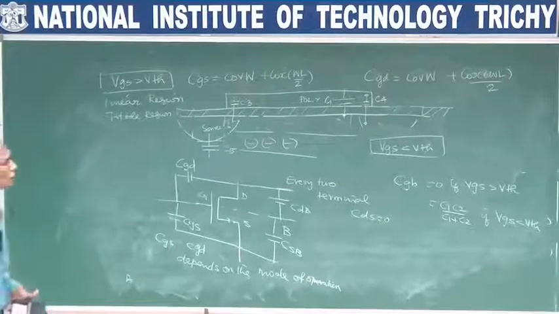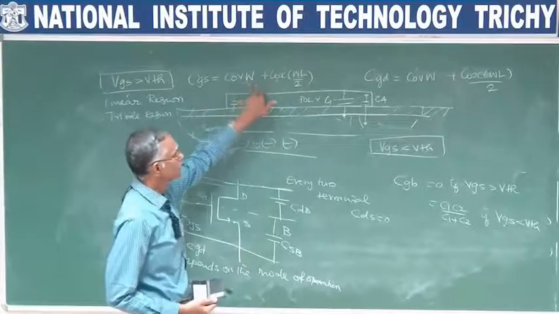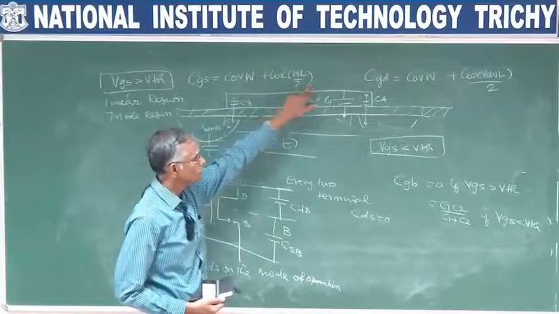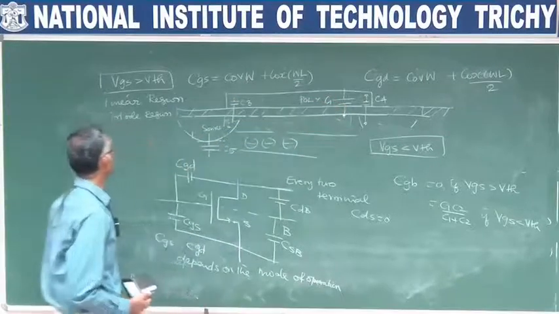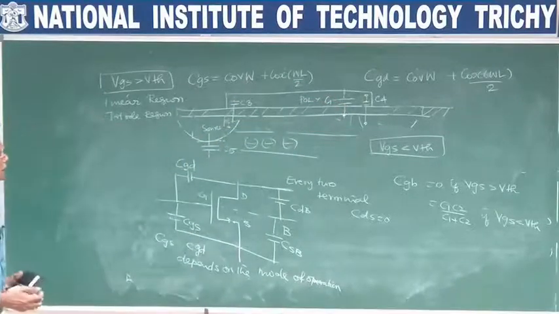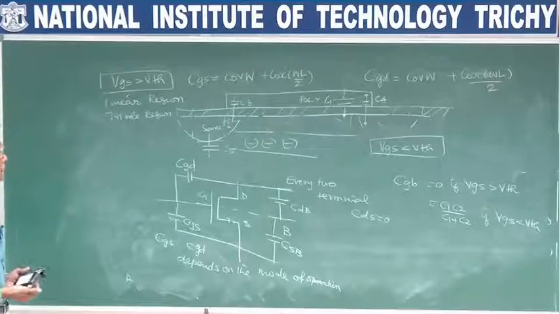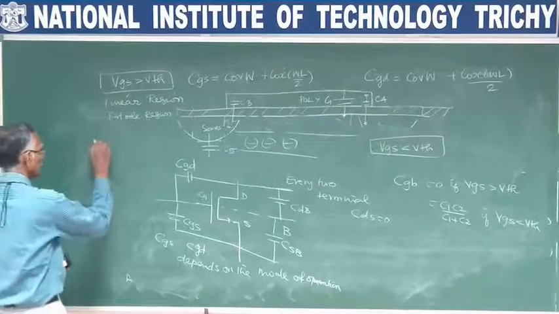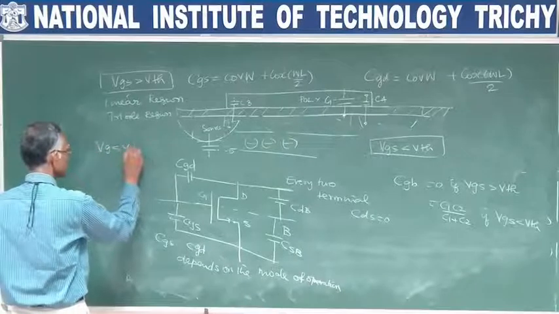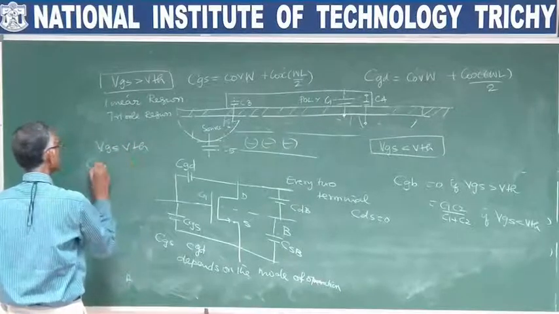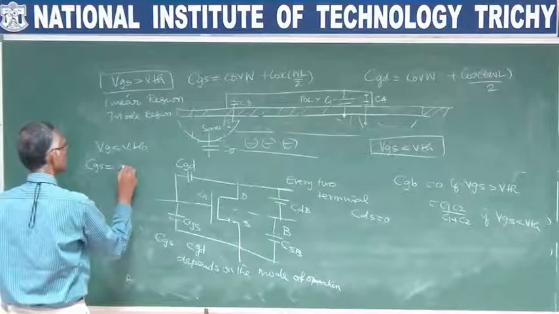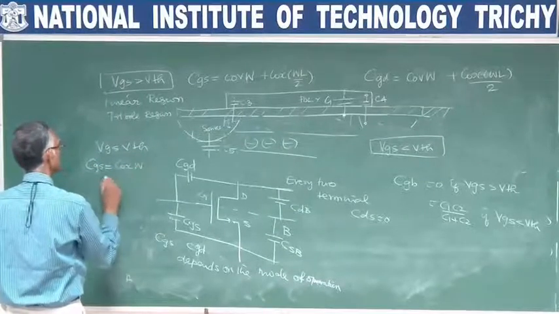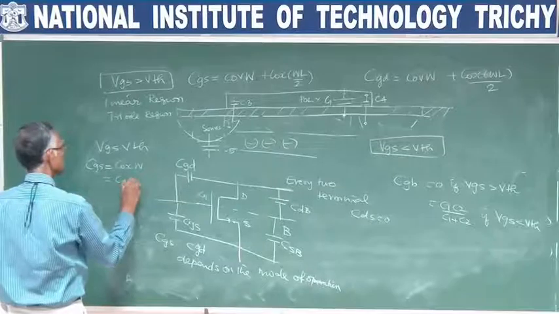CGS becomes equal to COV into W plus COX into W by 2, the same value for CGD. This is the value which is existing when the transistor is operating in the linear region or triode region. When VGS is less than VTH, CGS is equal to COX into W, that is also equal to CGD.